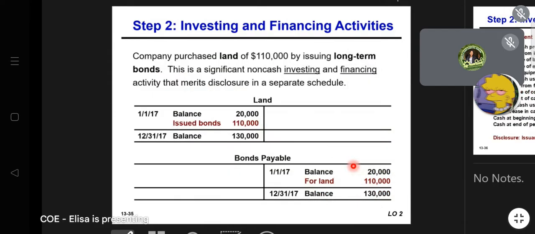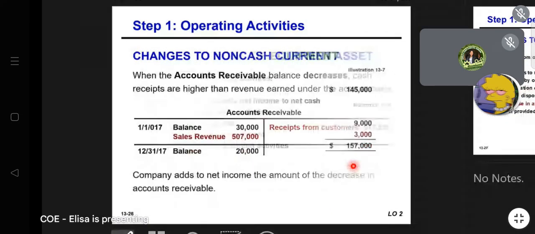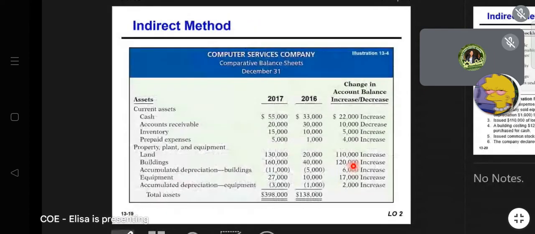So if we look back, this should be the same amount we generate here. Look here. This is our 33,000 beginning. This is our net cash generated, a net increase in cash of 22. And so your cash at end of the period is 55.